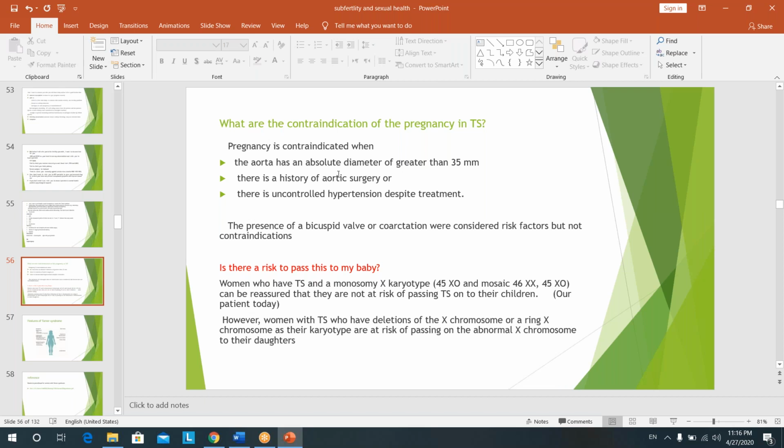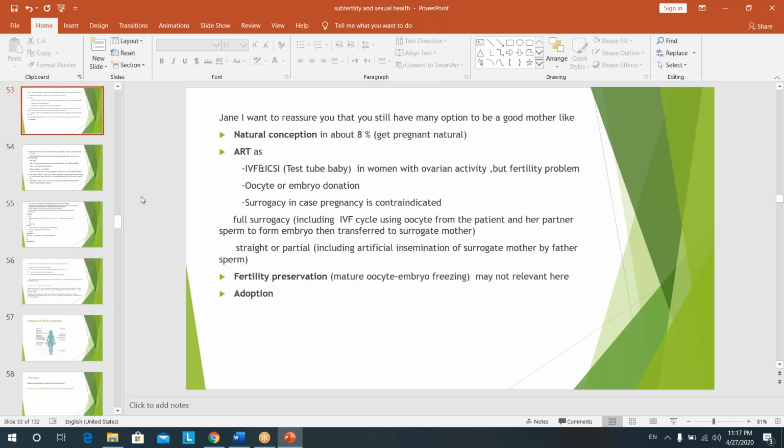The contraindications for pregnancy, as written in the guideline, are these three items: diameter more than 35, history of aortic surgery, and uncontrolled hypertension despite treatment. So this patient has the option of surrogacy if the pregnancy is contraindicated.